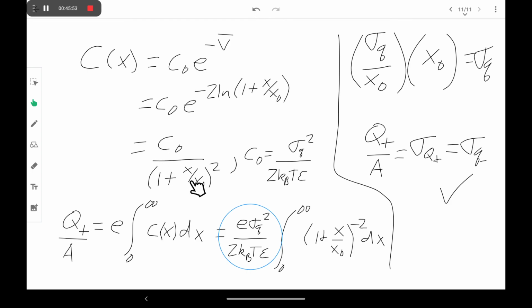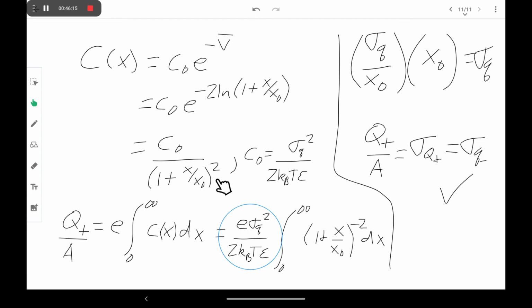And so we see that the concentration decreases pretty darn quick, okay? And x0 is kind of this characteristic length, about how long or how thick is the cloud away from the charged molecule. And it's a shielding or screening length.